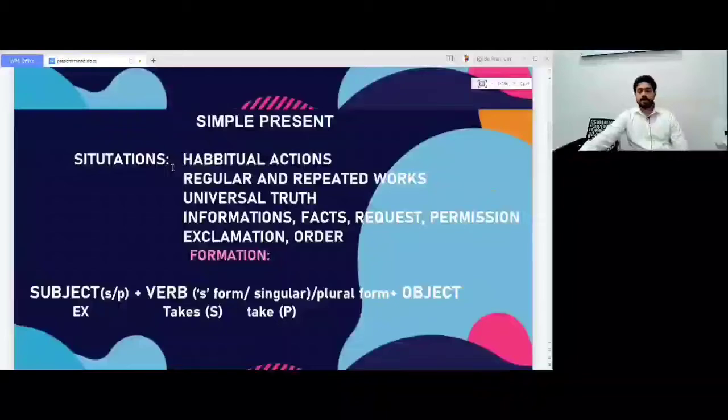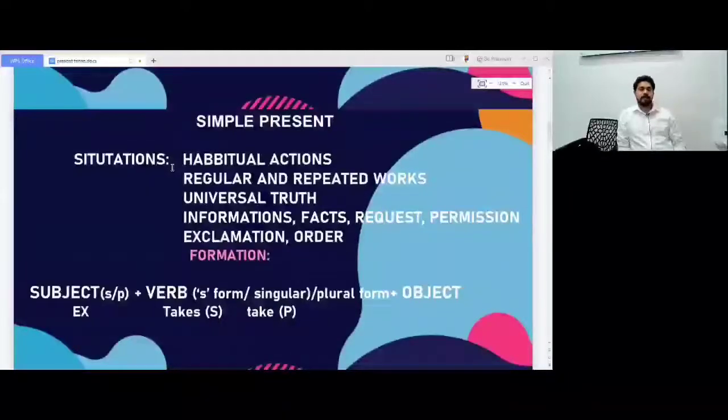Now, this tense is very important, especially for the students who are planning to appear for IELTS, OET, and the competitive examinations, because simple present we use a lot. The application of simple present is quite a lot. It's really important, and we use simple present in most cases in our daily usage.